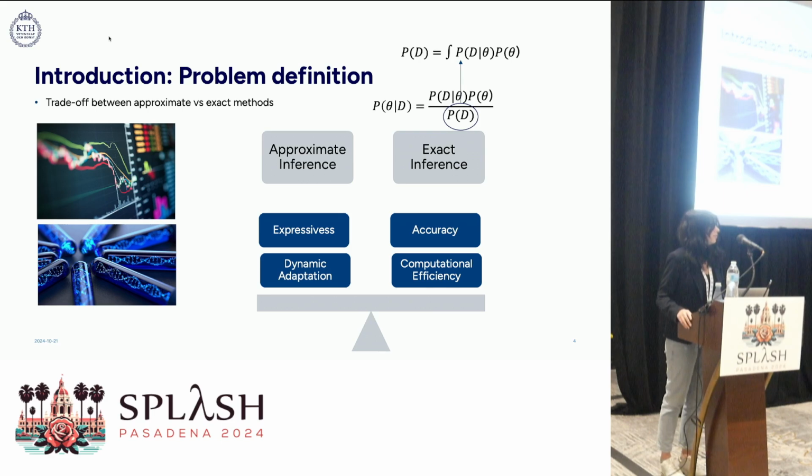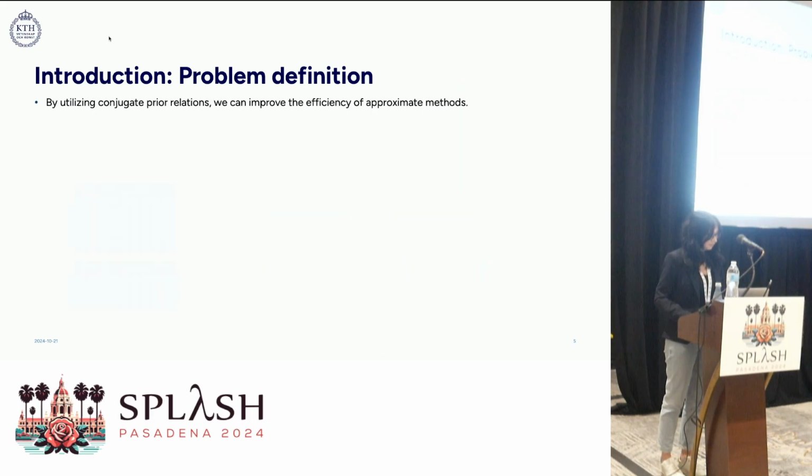So here, we need to utilize approximate inference methods, either Monte Carlo or variational inference, so that we can apply the sampling on many real-world models. But in our work, we want to combine the benefits of these two worlds so that we have high accuracy, but still can apply this on real-world models.